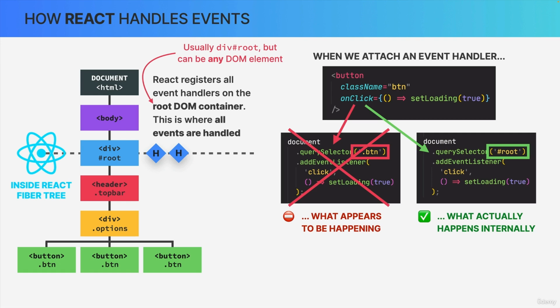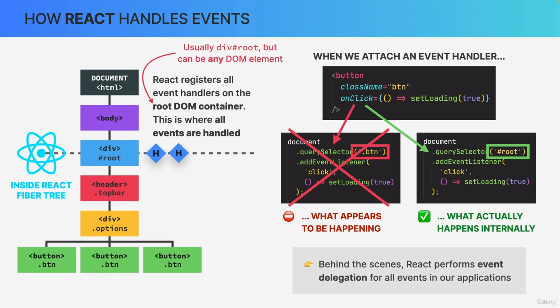And so this is yet another important function of the fiber tree. But anyway, what this means is that behind the scenes, React actually performs event delegation for all events in our applications. So we can say that React delegates all events to the root DOM container because that's where they will actually get handled, not in the place where we thought we registered them.